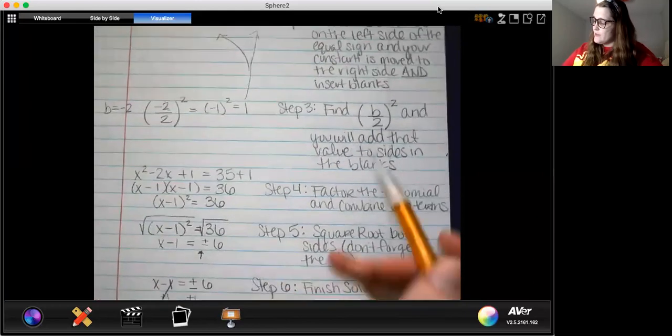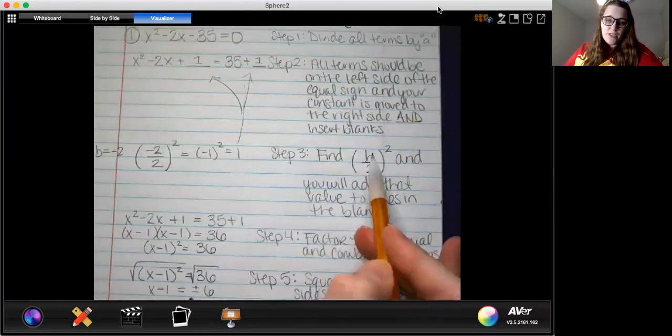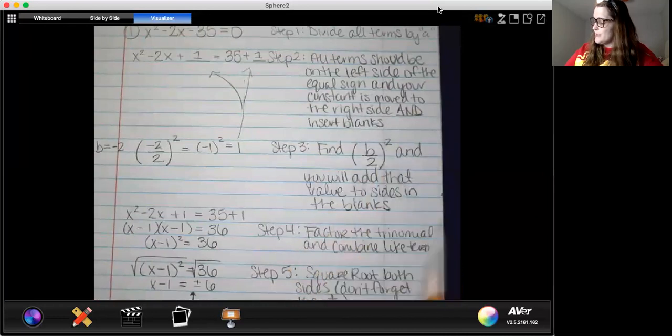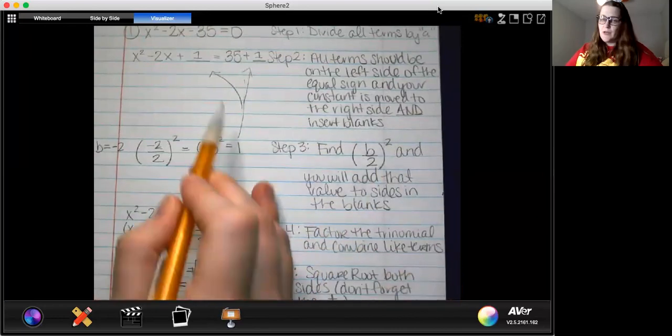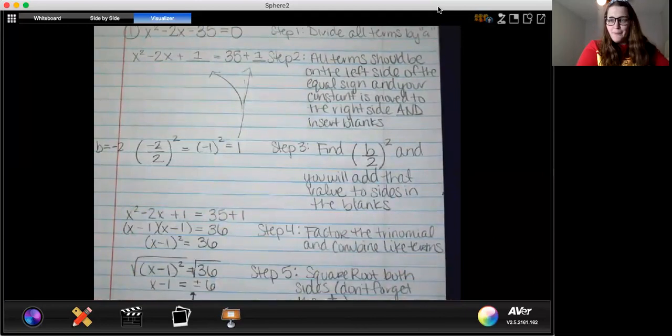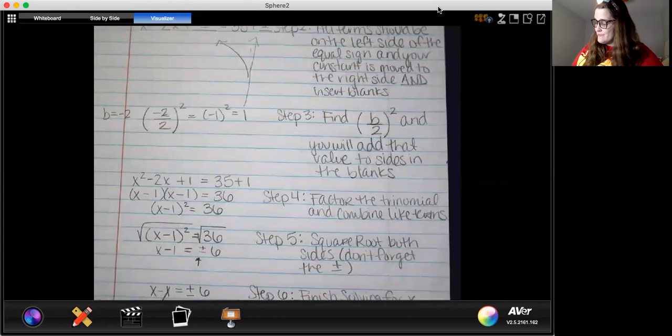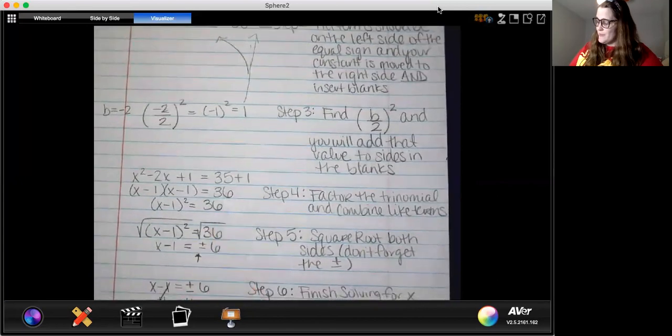Step 3, you're going to find the value to put into your blanks by the formula b divided by 2, quantity squared, which we did here, and we added 1 to both sides. My bad. Step 4, you're going to factor the trinomial that you got from putting in the blanks, and you're going to combine like terms.